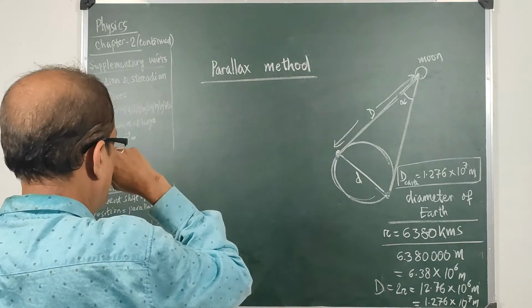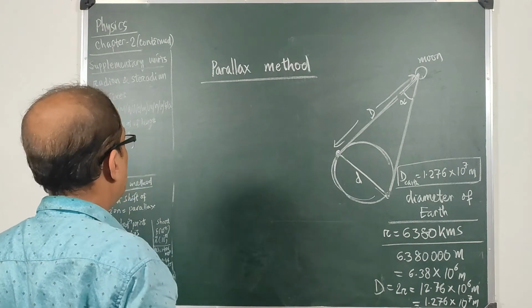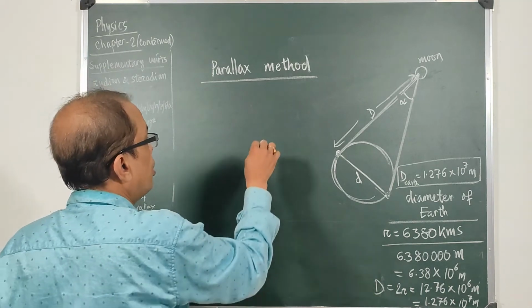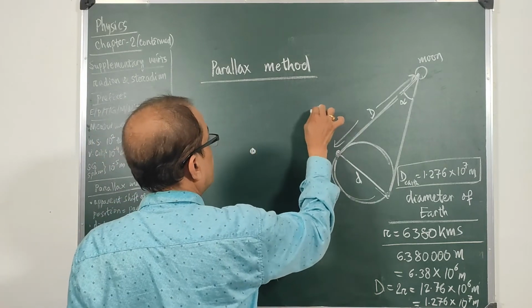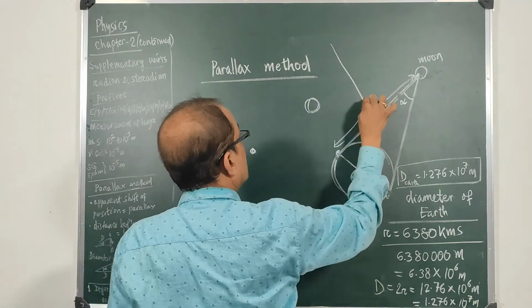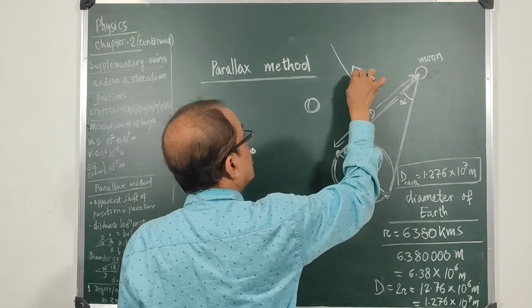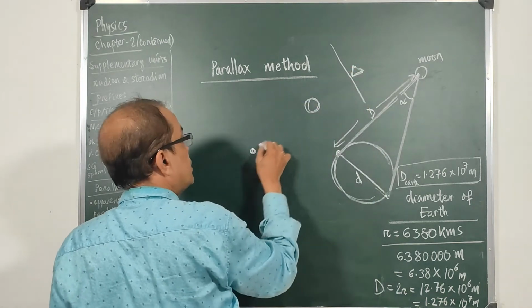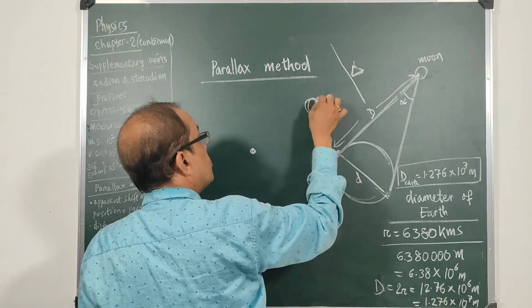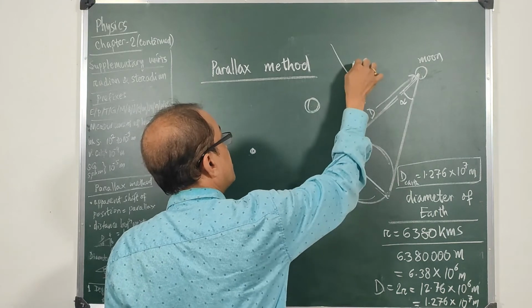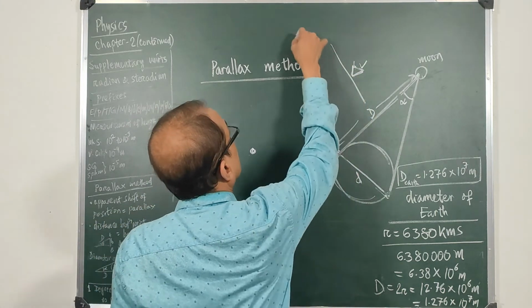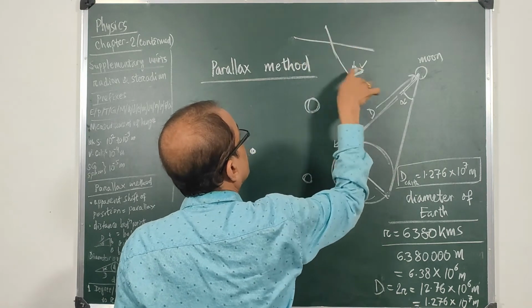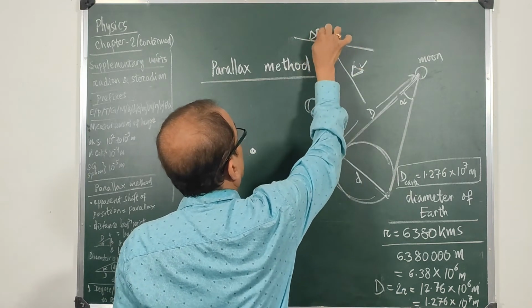What is parallax? Parallax is the apparent shift of a position when viewed from two different places. Suppose there is an object here. When I see it, there is an object behind it, this one. But when I see the same object from another position, the position will shift to some other place.